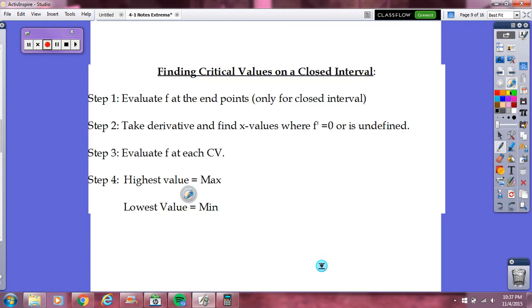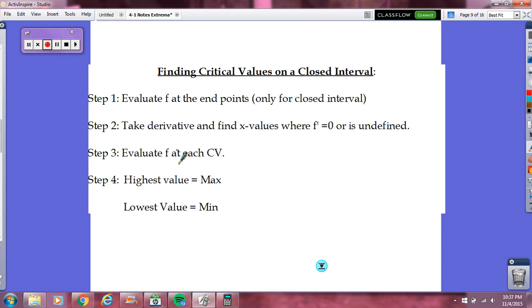Alright. If you're a person who likes steps for the problems that we'll be solving, here are some steps. I'll give you a second to read over them if you want to take a look. I think they make a little bit more sense when you see them in the context of a problem, though. So we are going to be following these steps to answer the question on the following slide.